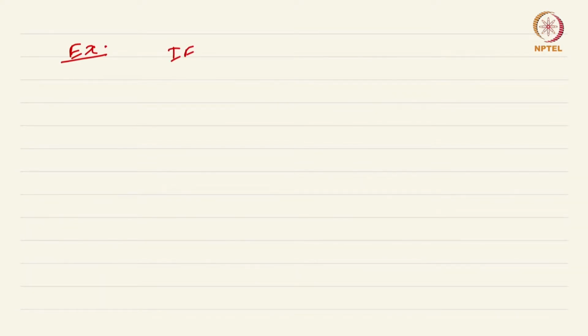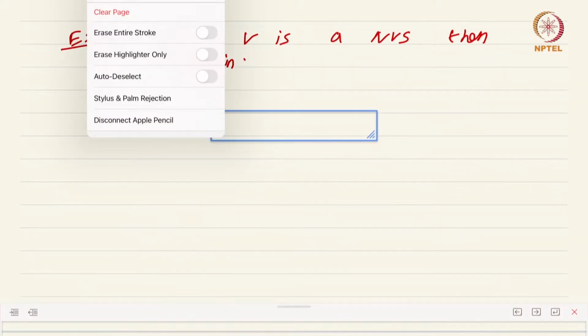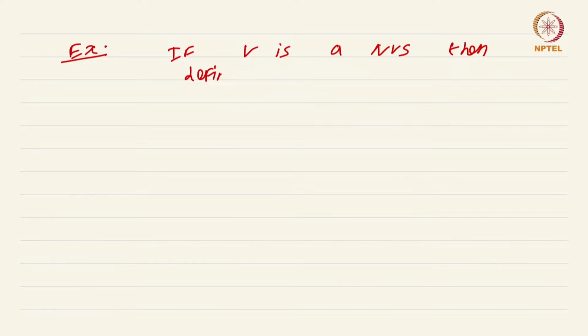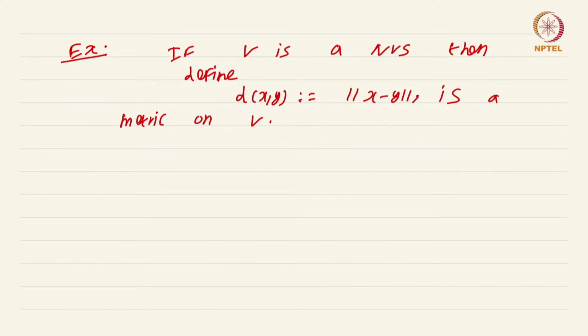If V is a normed vector space, then define d(x,y) by definition to be norm x minus y is a metric on V. Okay, so let me just even delete this word define.